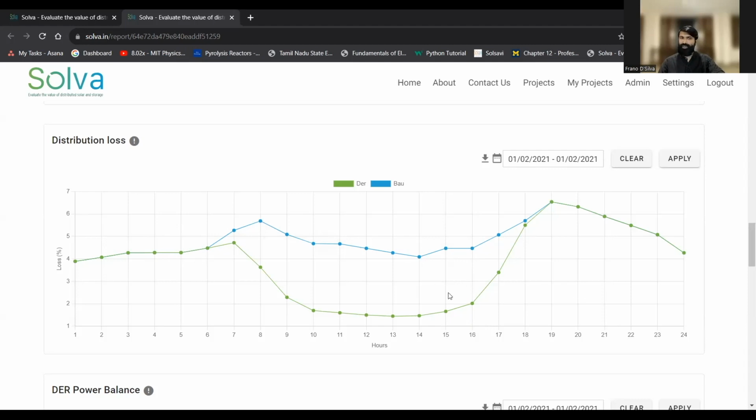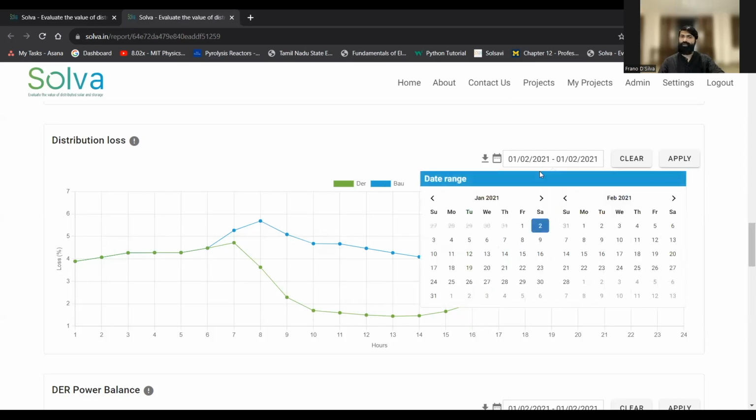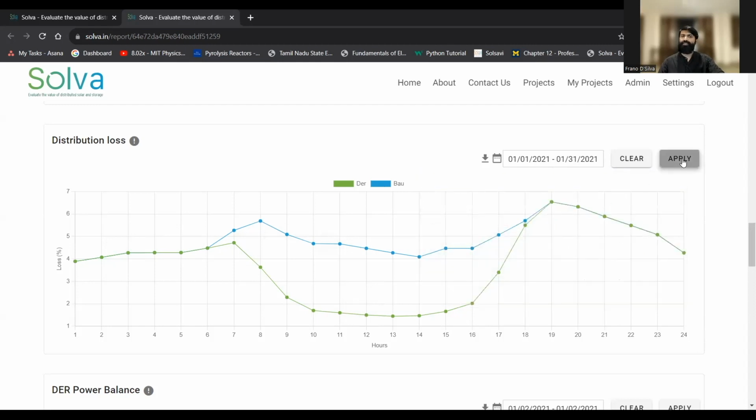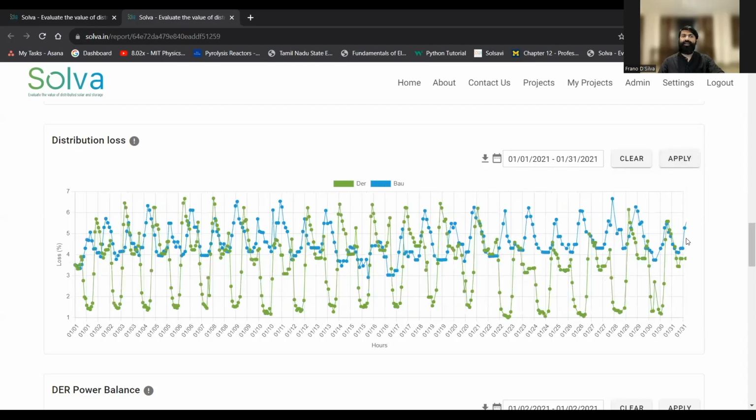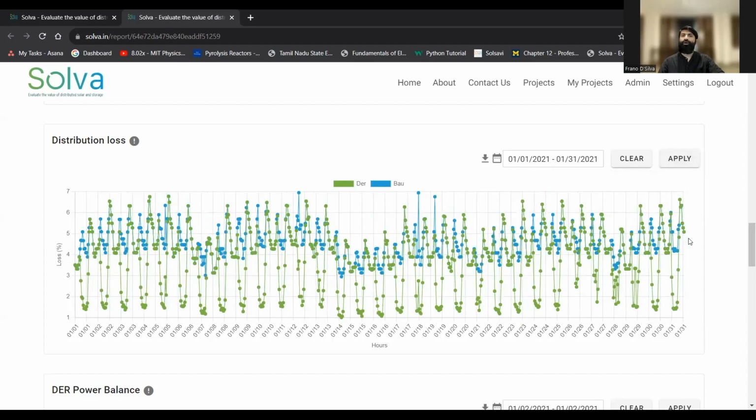For this particular day, you can see that during solar hours, it helps in reducing the distribution loss as compared to BAU case. And this chart also can be manipulated to check for a date range and see how and where it helps to reduce or impacts the distribution loss percentage.